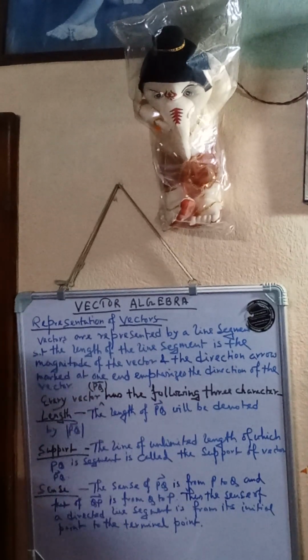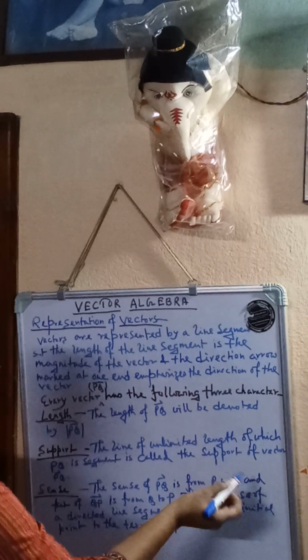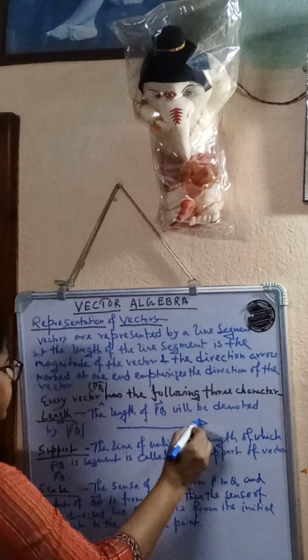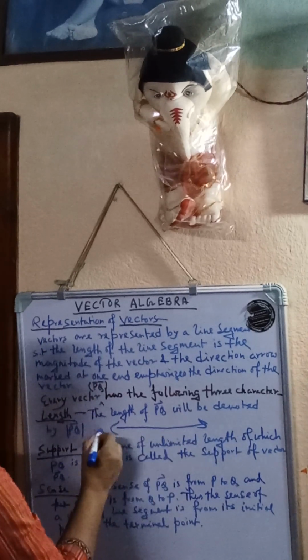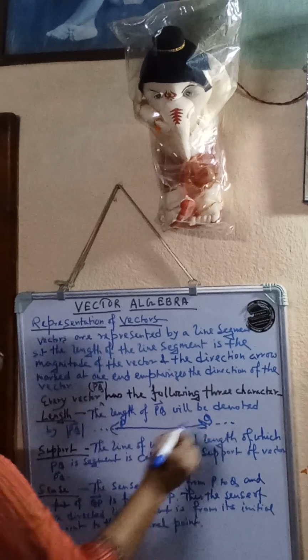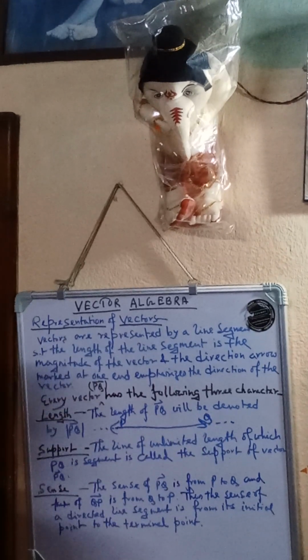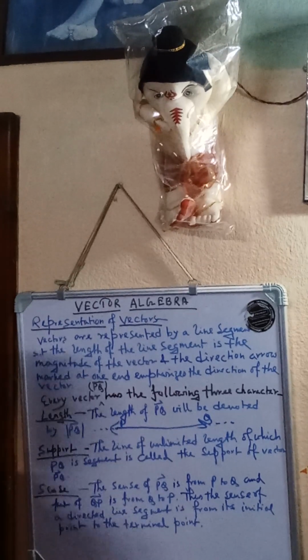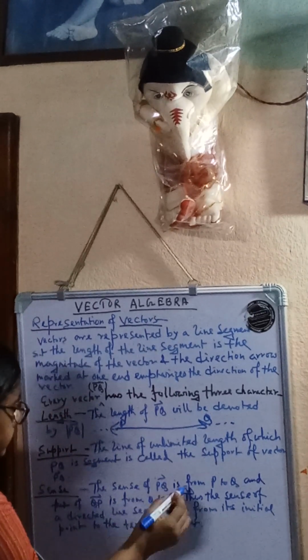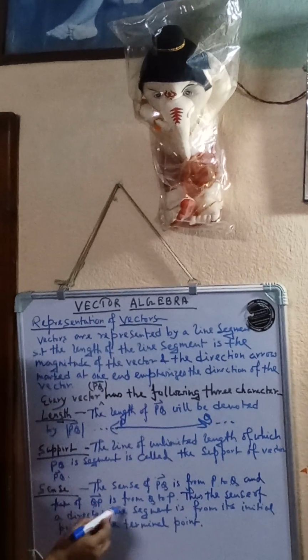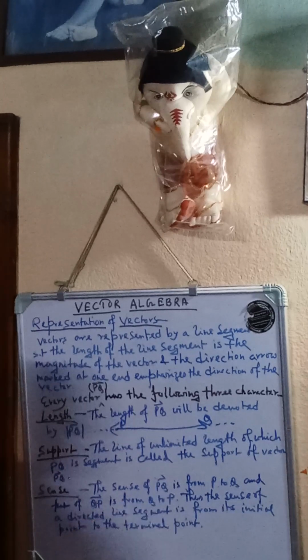The line of unlimited length of which PQ is a segment is called the support of the vector. And another is sense. The sense of PQ is from P to Q, and that of QP is from Q to P.